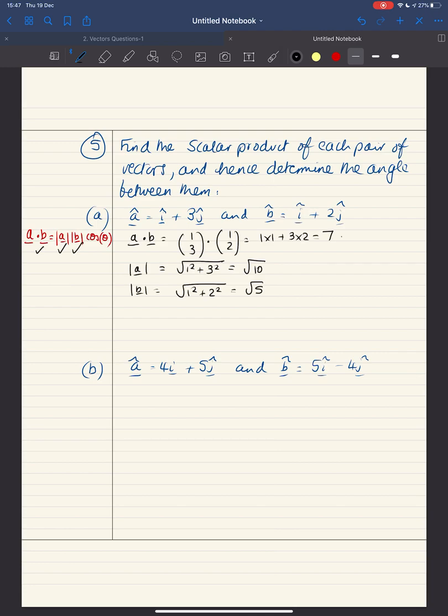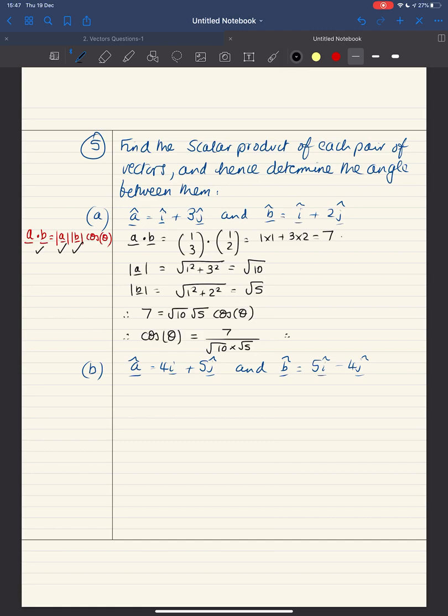Substitute them in and we get the cosine of the angle between them. So we've got 7 equals root 10, root 5 cos theta. Therefore cos theta is 7 divided by root 10 times root 5.